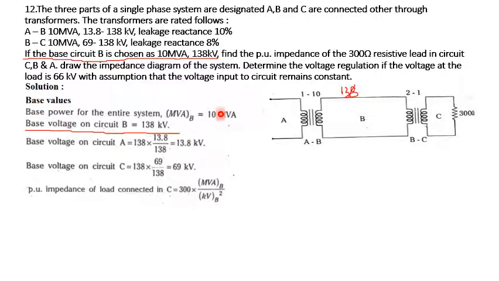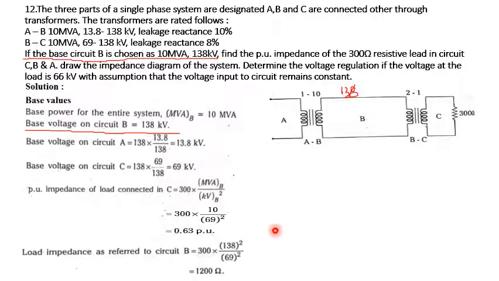Okay, so we need to calculate the per unit impedance of the load, because it is given in terms of ohm. The reactance in terms of per unit is equal to reactance in ohm into MVA base divided by kV base square. So this in ohm is 300, MVA base we need to consider is 10 MVA, and the voltage on the C circuit is 69, so 69 square, so you'll get 0.63 per unit.